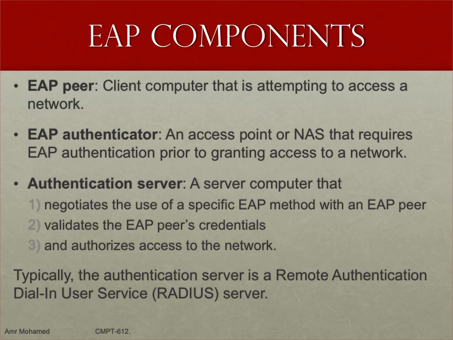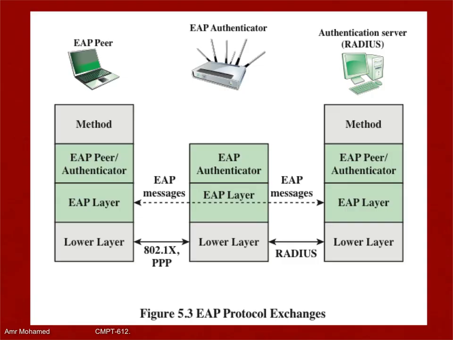But then, depending on the authentication server type, the RADIUS protocol is used to send the messages point to point, from one physical device to one physical device, from the authenticator to the authentication server. We'll see how this looks graphically now.